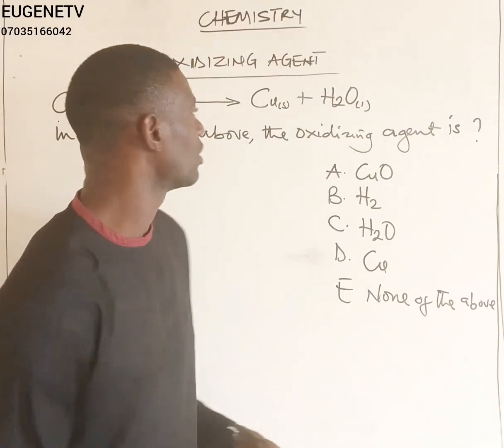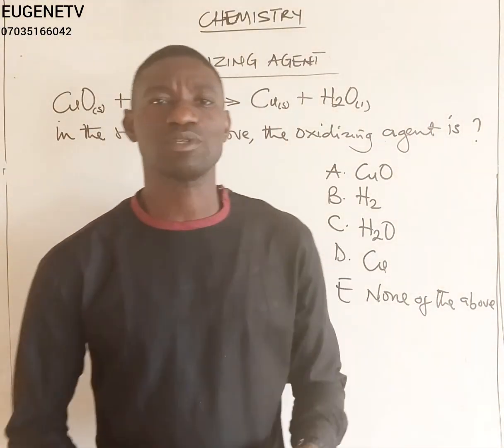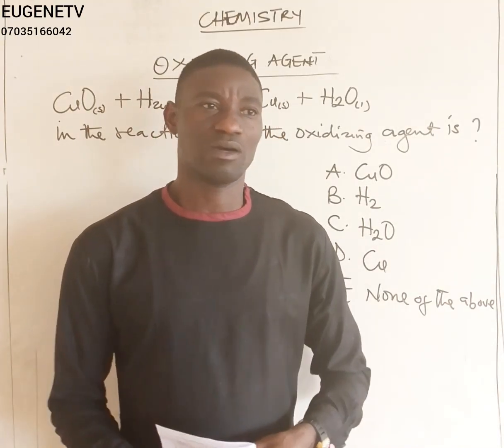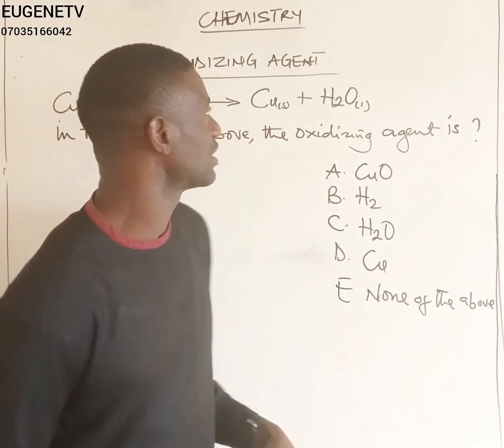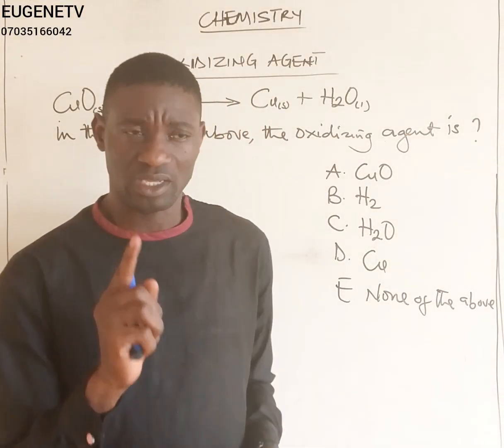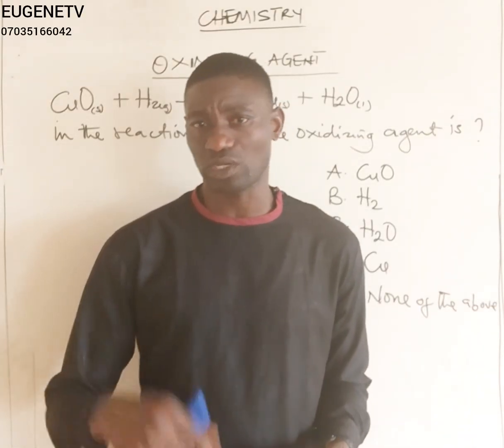Before we answer this question, I want us to take a look at the meaning of oxidizing agent. Alright, we are familiar with oxidizing and reducing agent in our basic chemistry. In our basic chemistry, we were made to understand that an oxidizing agent simply means any chemical species that can donate oxygen. That is one way you can recognize an oxidizing agent: any chemical species that can donate oxygen to another substance.